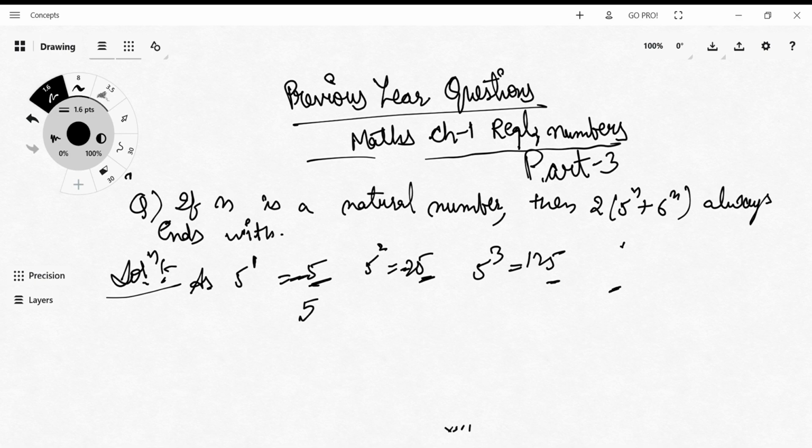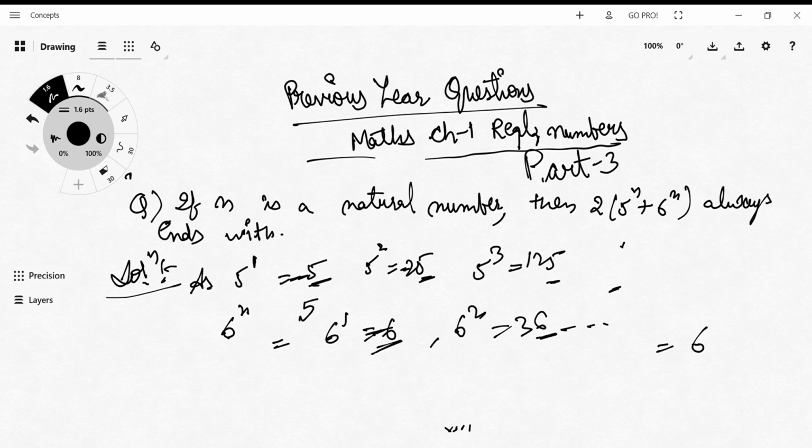Now if we put n equal to 1, 2, 3 and so on in 6 raised to the power n, we get 6 raised to the power 1, that is 6, and 6 raised to the power 2, that is 36. Again we observe that the unit digit of 6 raised to the power n is always 6.